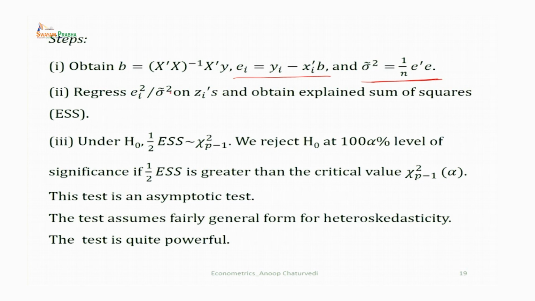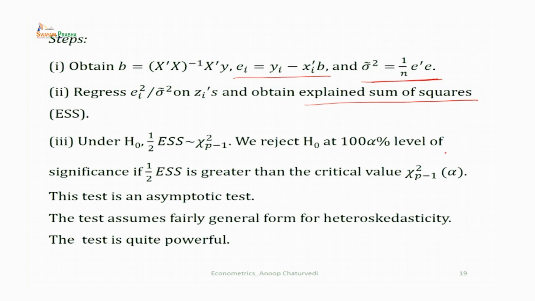Then we regress e_i square upon sigma tilde square on Z_i's and obtain explained sum of squares. And under H naught, 1 upon 2 explained sum of square follows chi-square distribution with p minus 1 degrees of freedom. Again, I am not going into the details of the derivation of the distribution of this test statistic.